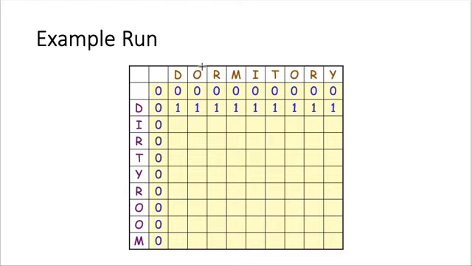If we remove this character, then we are finding the best way to match this one with this one, which is this entry. If we remove this character, we are finding the best way to match this one with DO, which is this entry. So this one really comes from the maximum of this entry and this entry. So 0 and 1, we get a 1.